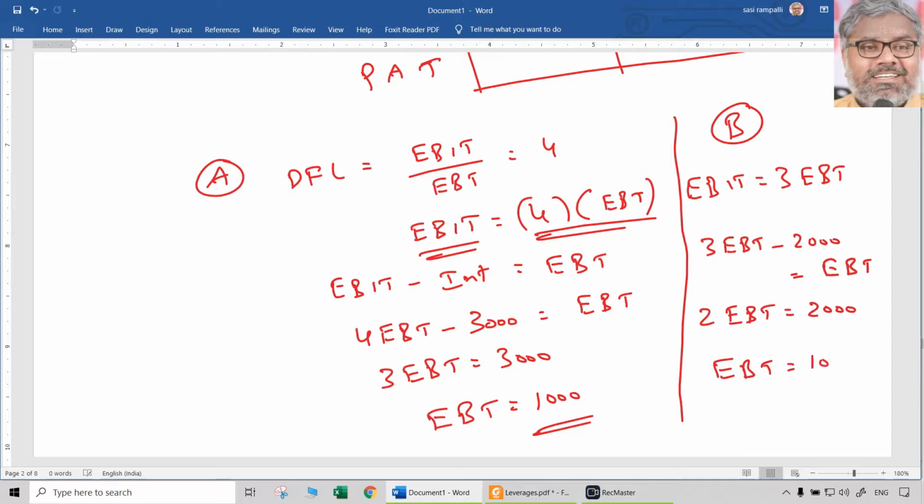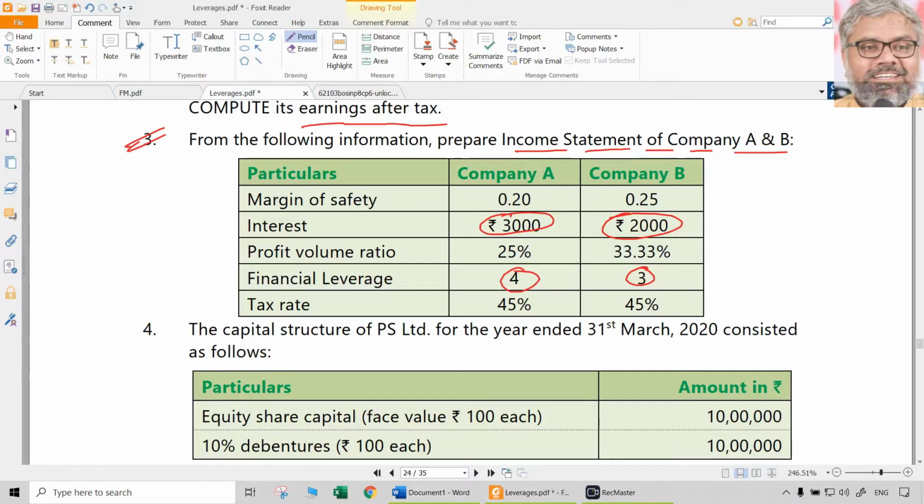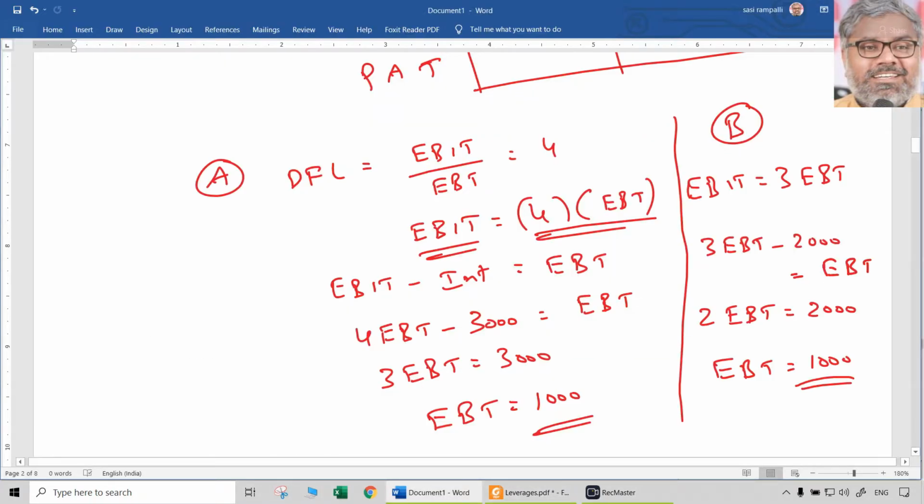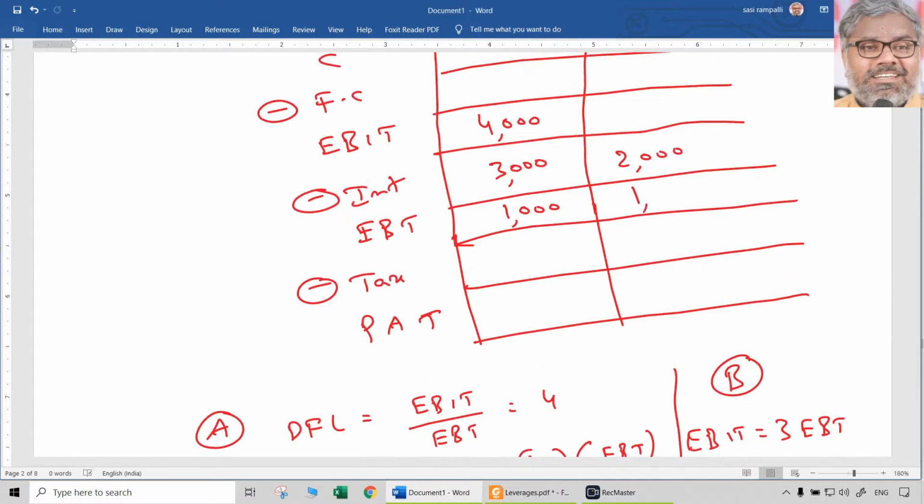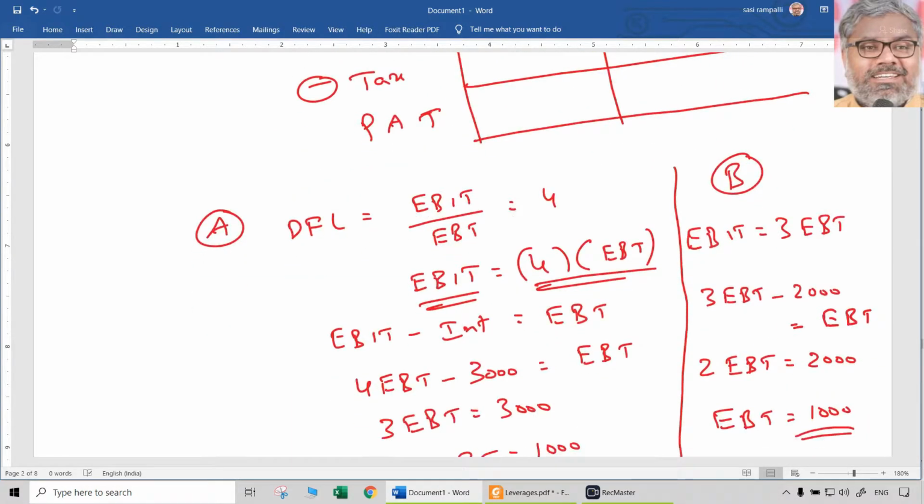Again, which means EBT is 1,000. So EBT for company B also is 1,000, incidentally, not necessarily. But here also it is 1,000. But how much would have been EBIT? 3,000. Then only 3 by 1, that is 3 times of financial leverage was there.